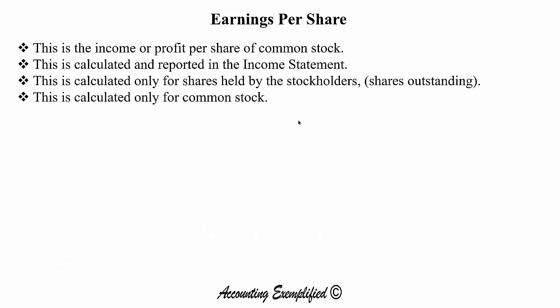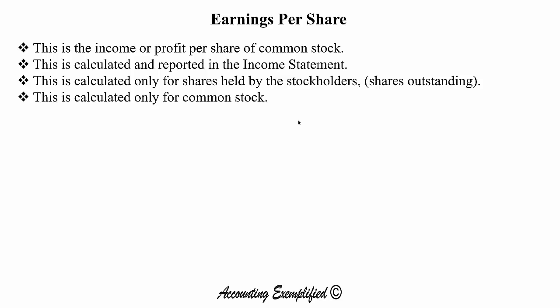Now we will review the concepts related to the accounting of dividends and earnings per share. Now, the last aspect is earnings per share. Now, what is an earnings per share? This is the income or profit attributed to one share of common stock. This is calculated and reported in the income statement. This is calculated only for shares held by the stockholders, which we call shares outstanding.